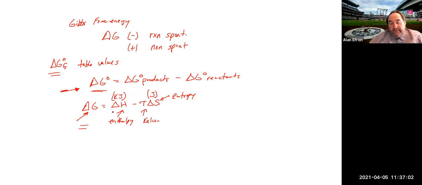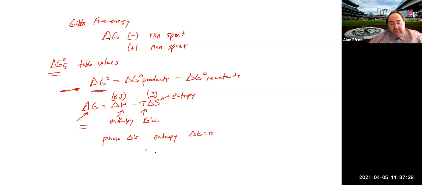I think we also finished up talking about phase changes. With phase changes, you can look at the entropy change that's occurring there. Because it's an equilibrium process as we go from solid to liquid or liquid to solid and liquid to gas and vice versa, our delta G will equal basically 0 at that point.